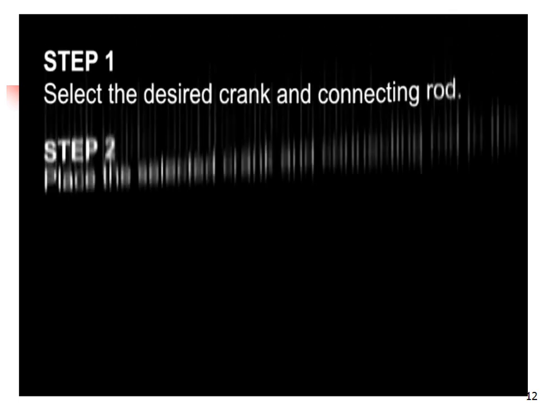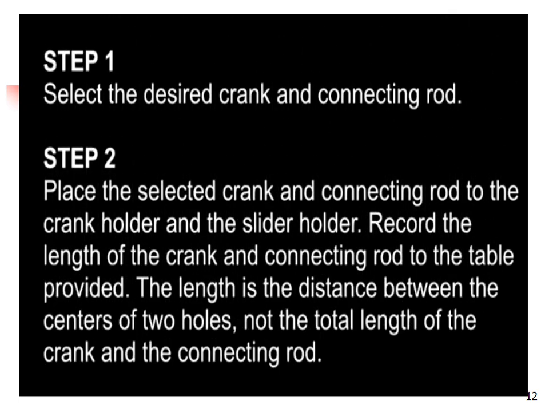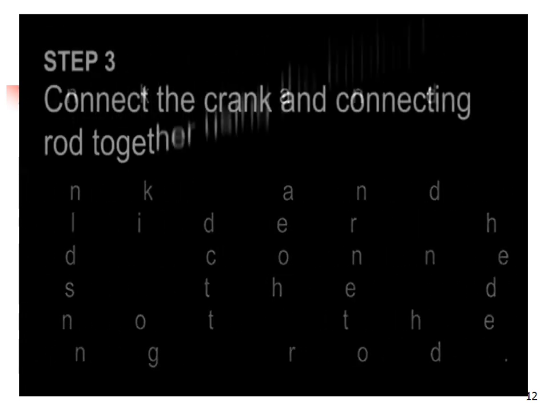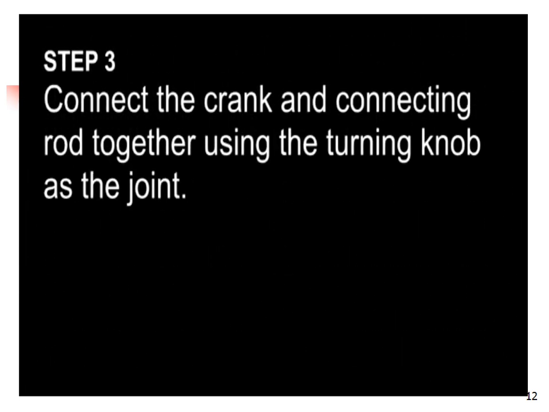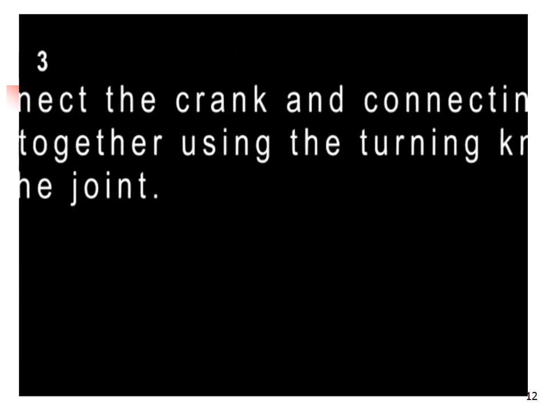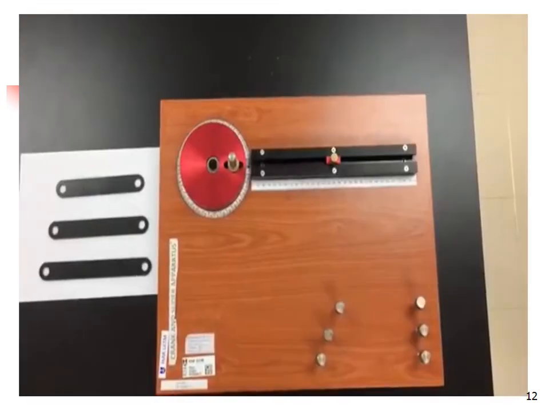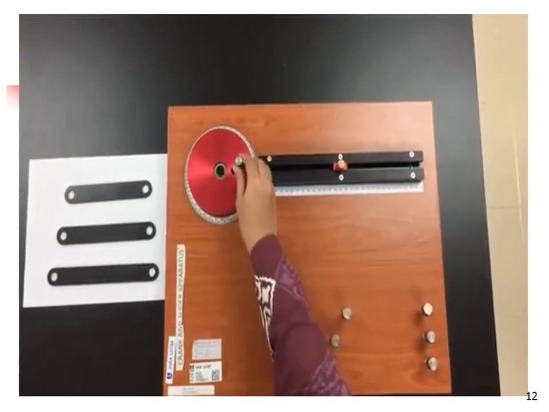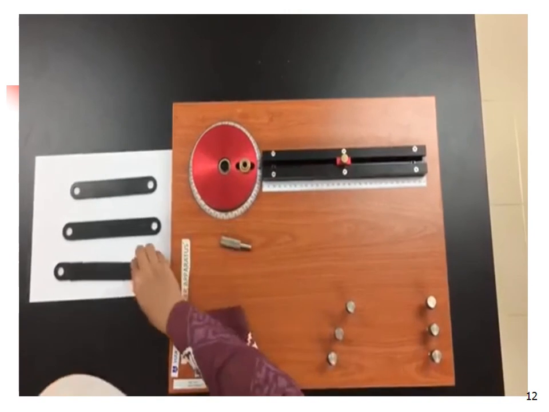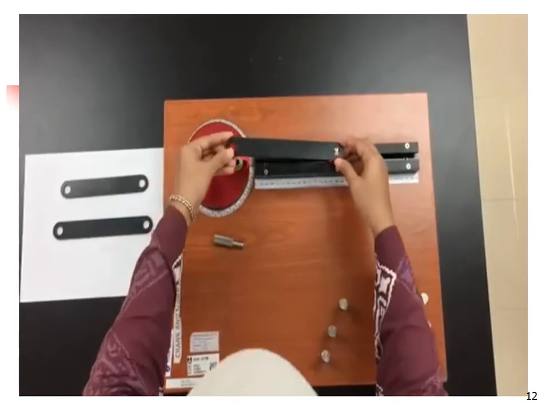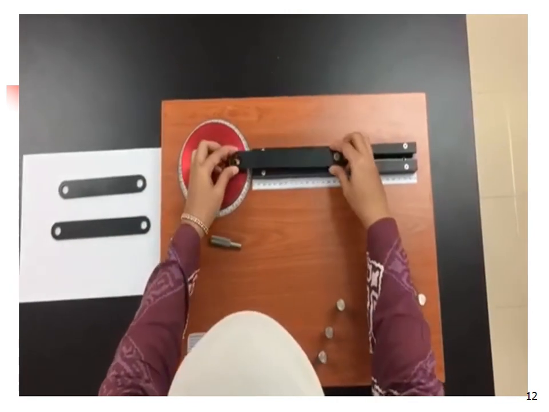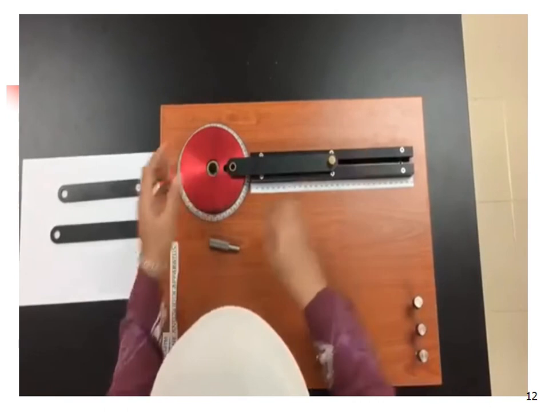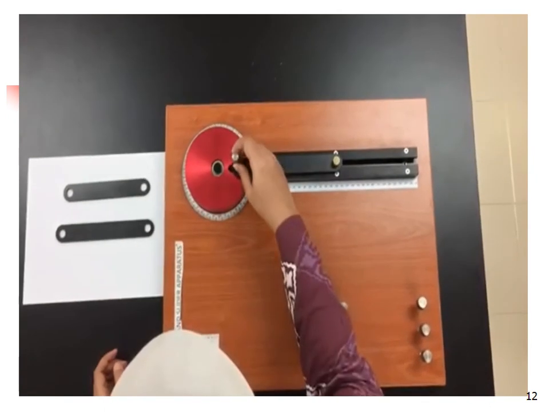Procedure for taking the readings: measure the lengths of both the crank and connecting rods using the ruler provided. Choose the desired connecting rod and place it on the crank holder and the slider holder.